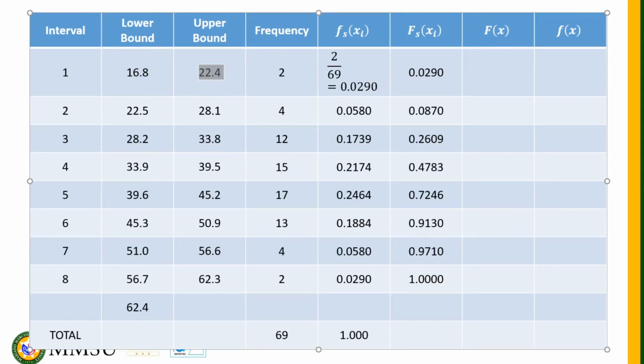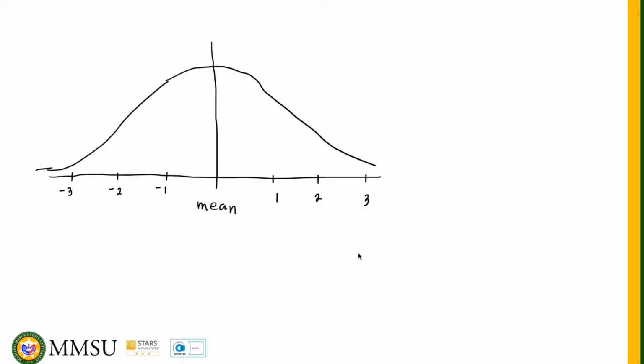So if this is where 22.4 is, it is of course below the mean. We will compute this area. That is what we will do in Excel.